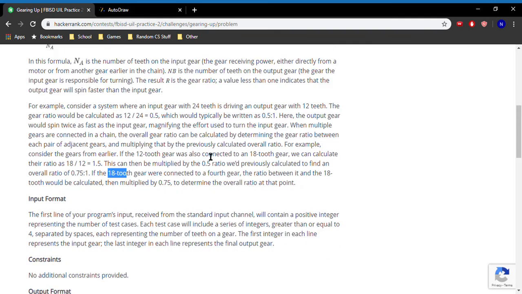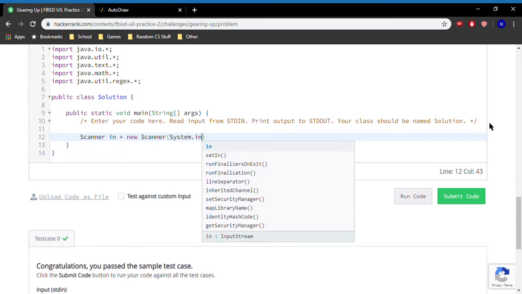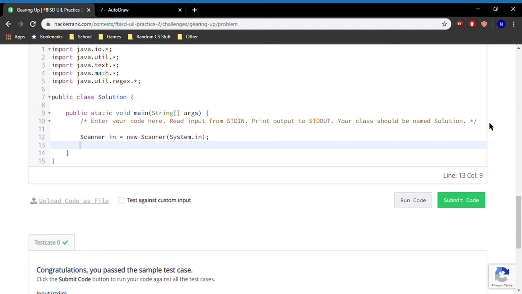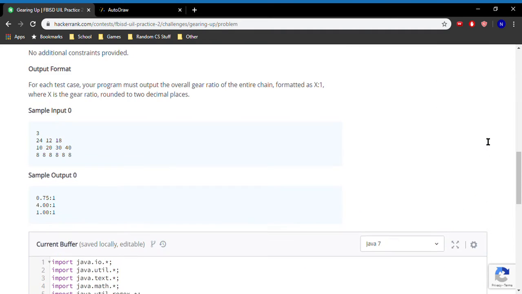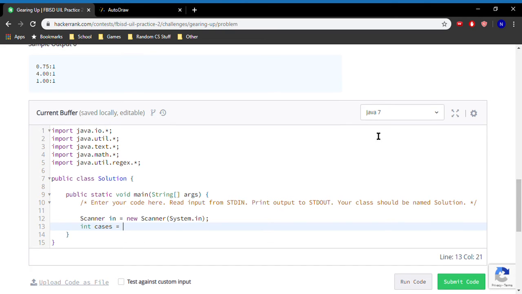Okay, so if we want to code it, I'm going to use Scanner. You can obviously use whatever input reader you like, but Scanner is pretty easy for this problem. So it says we have multiple cases in each test set.